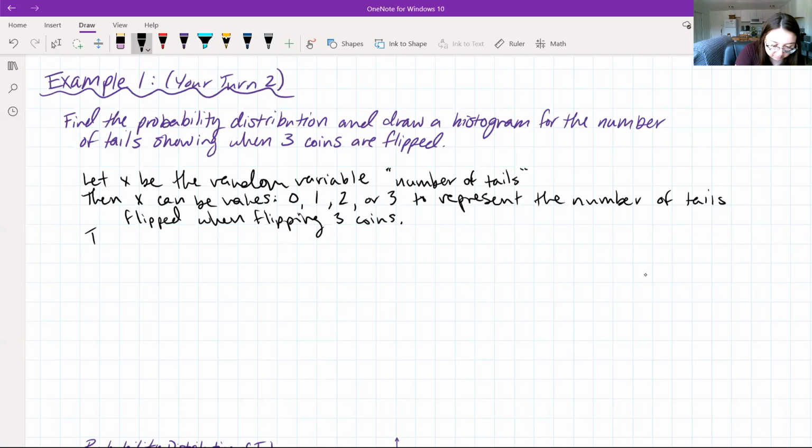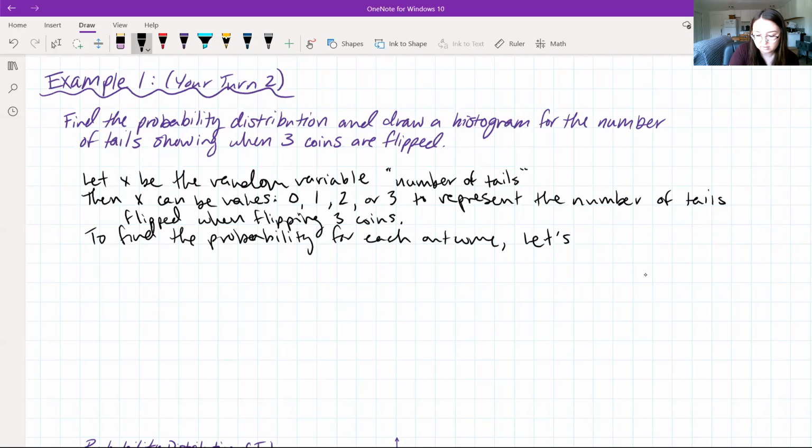So to find the probability for each outcome, let's figure out our sample space.